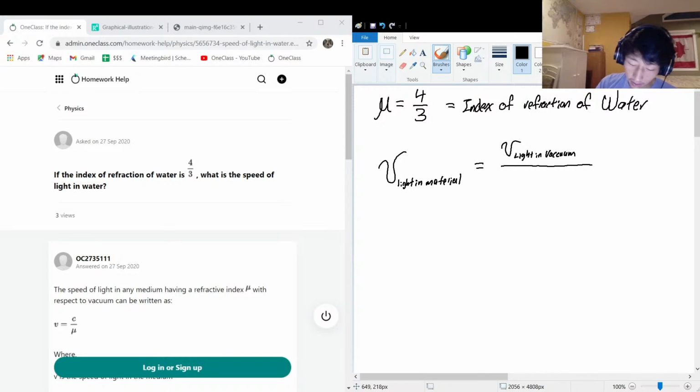Then we're going to divide it by the index of refraction of the material. Okay, this whole thing, actually I'll just copy it over.